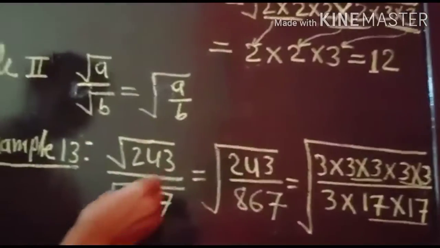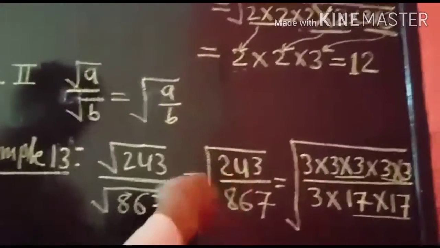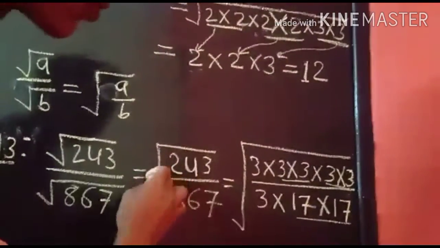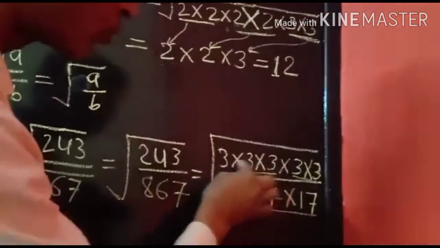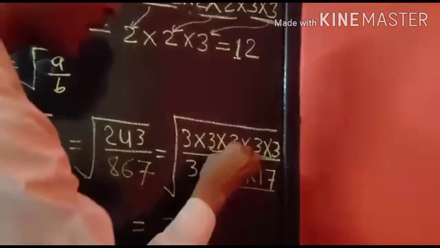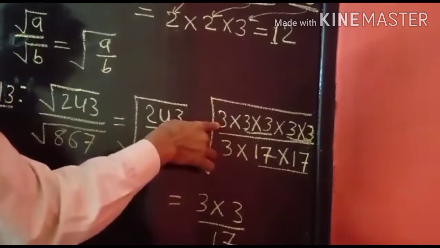We will see why. We write under one square root symbol and we find their prime factorization. So 243's prime factorization is 3 times 3, 5 times 3. While making pairs we observe that one 3 is extra left.